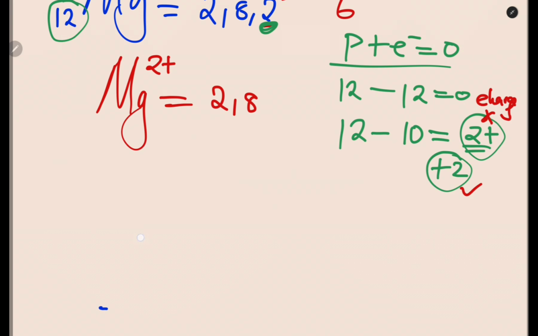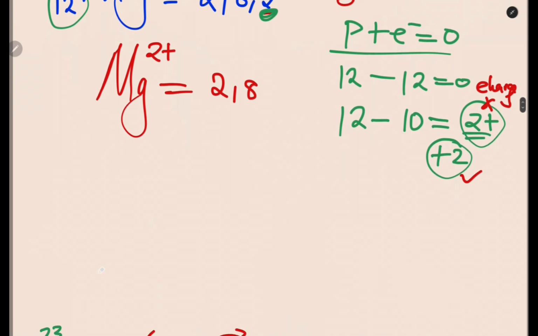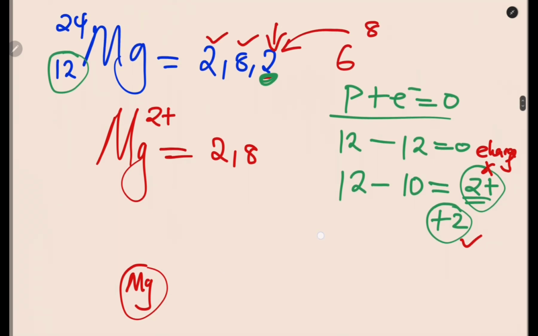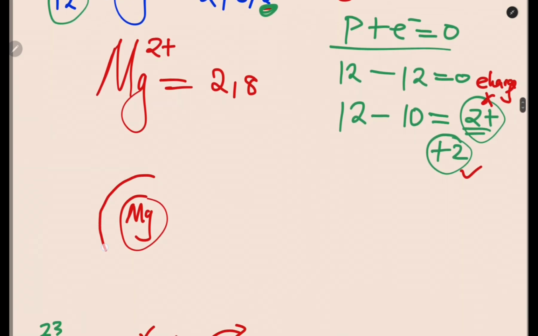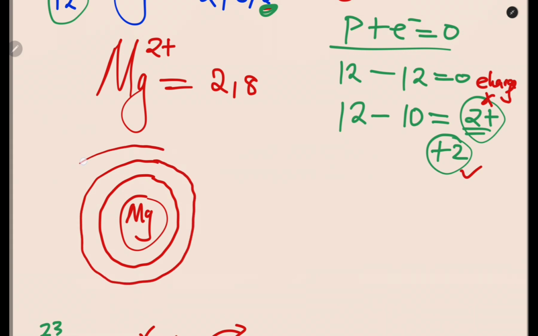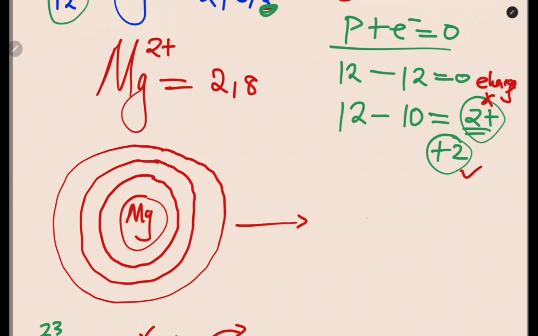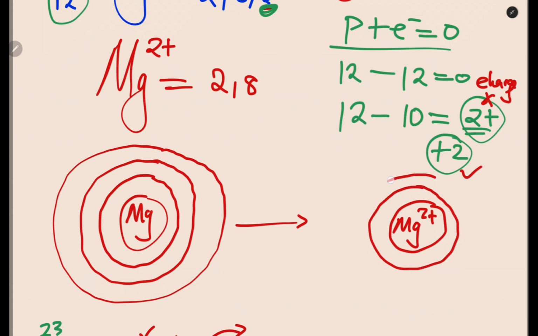Okay, so in terms of structure, you can put Mg, then how many circles around? The normal one, 3 circles. So 1, 2, 3. Okay, then here we can put the Mg ion, 1, 2.